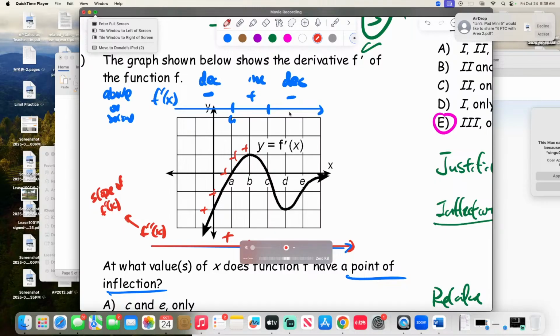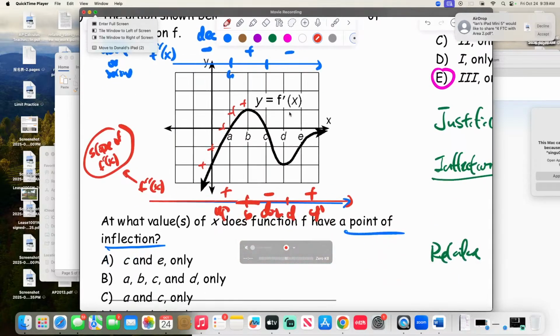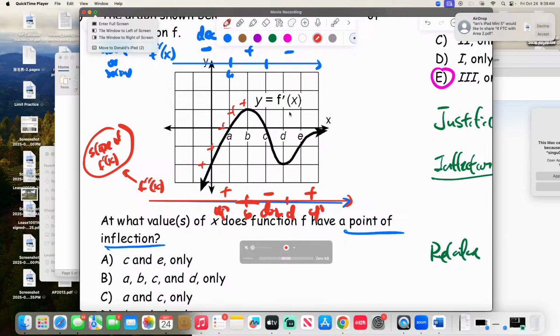So this is a B, this is a D, this is negative, and this is positive. Therefore it's concave up, down, and up. If you do the number line test on the second derivative, it is based on the slope of f prime. That was the hardest part here, the slope of f prime. If you got it wrong, does that make sense? How do you get positive, negative, positive? In this case, you're looking at the slope of something. Is that all good?